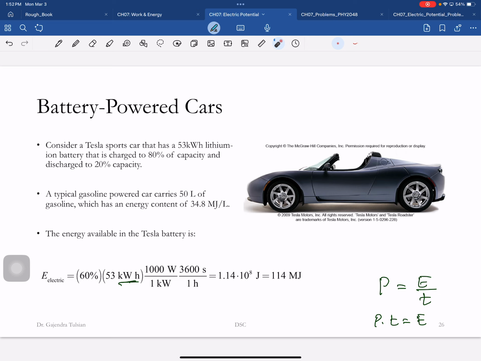The operational carbon footprint of an electric car is 0. The manufacturing carbon footprint would roughly be the same. You have to mine for metals and all that kind of stuff when you're making your car.